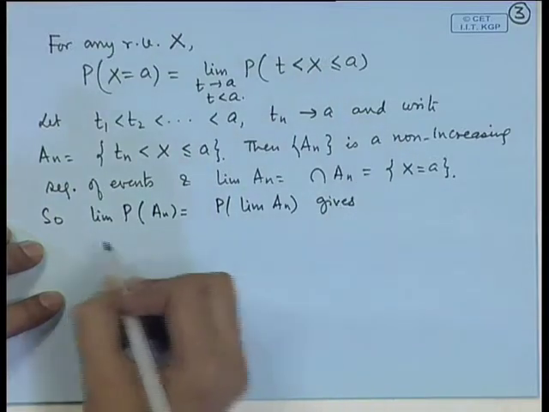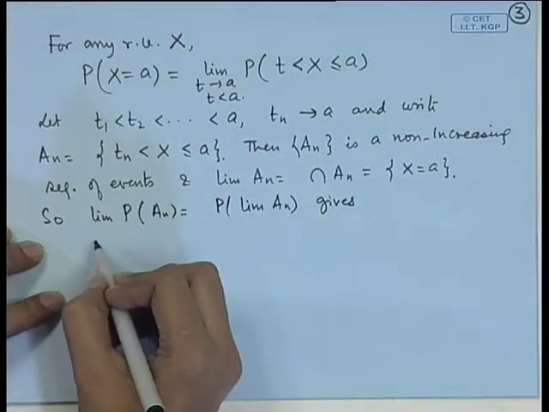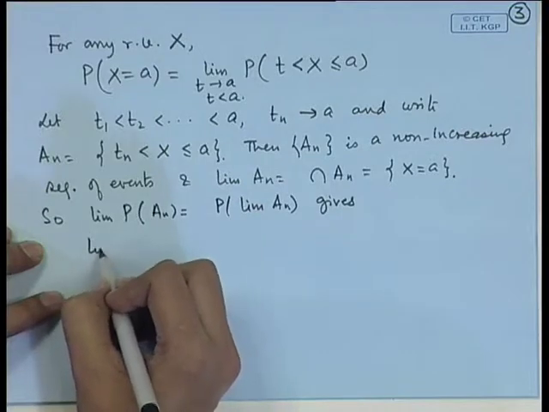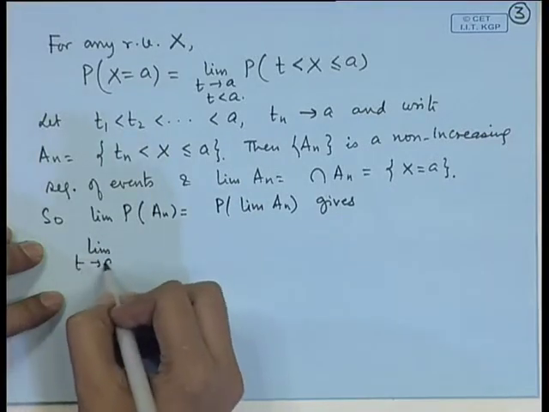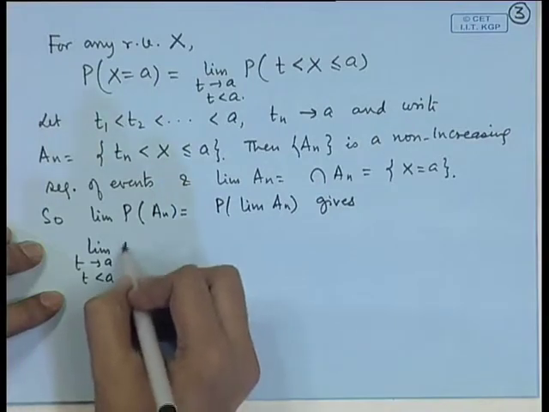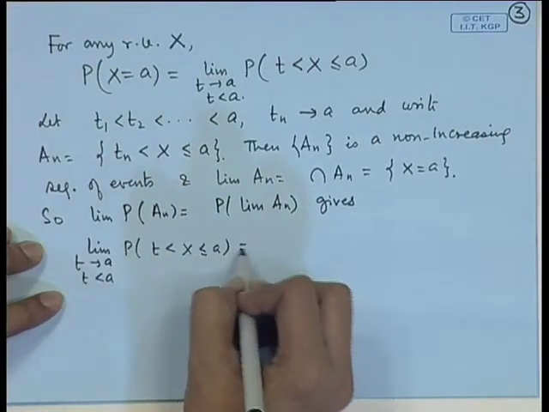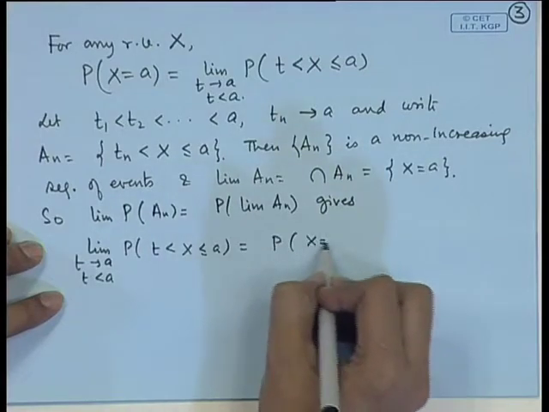This statement is equivalent to: the limit, as t tends to a with t less than a, of the probability that t is less than X less than or equal to a is equal to the probability that X is equal to a.